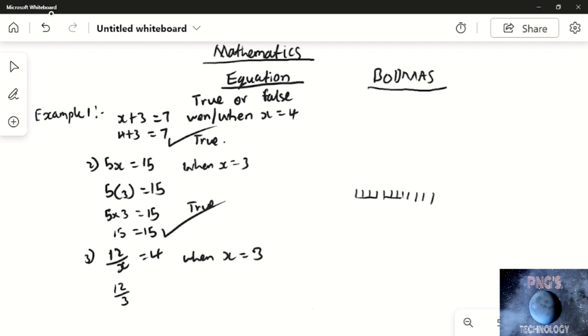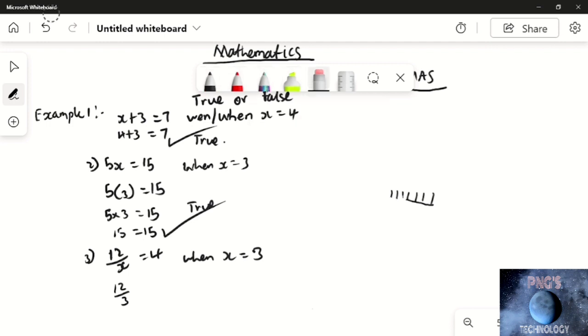Oh, we're dividing by 3, sorry, not by 4. So let's count here: 12 divided by 3 equals 4. So 4 equals 4, and that's correct, and that's true.